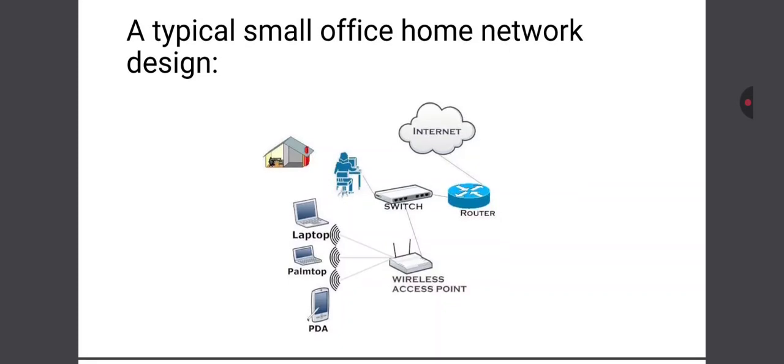Here you can see a typical small office, home office network, a SOHO network, where you can see how this network design takes place, and how it looks and provides us end-to-end connectivity.